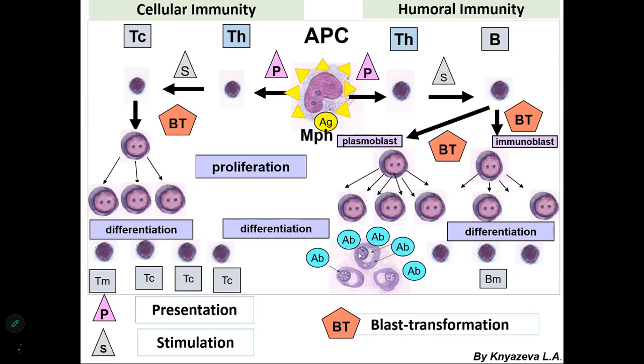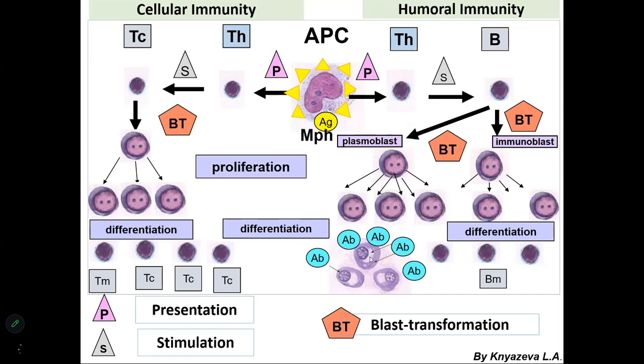This is round nucleus. The distribution of heterochromatin is like wheels of bicycle, and this very pale area, hematoxylin negative area in front of the nucleus.